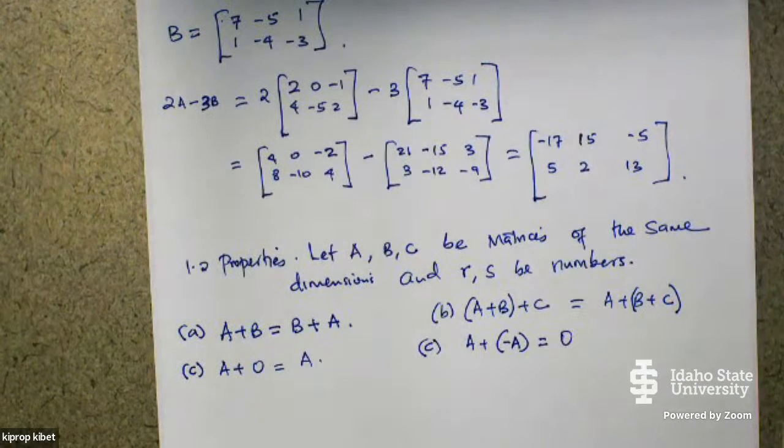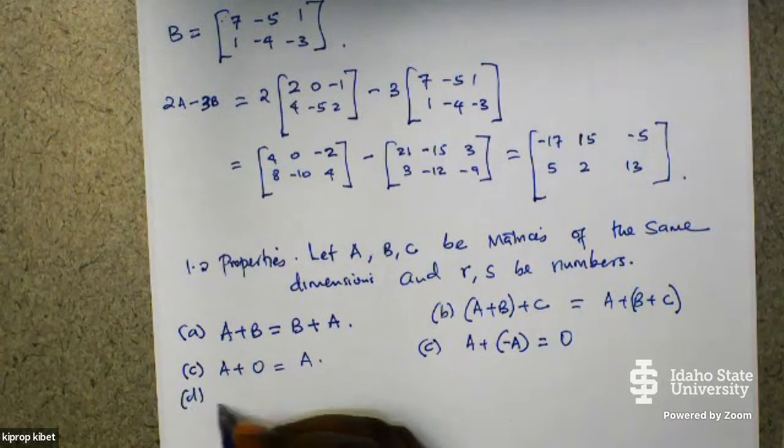So if you add the additive inverse, you get the identity. The inverse of a positive is a negative, so if you add the two of them, you get a 0 matrix.